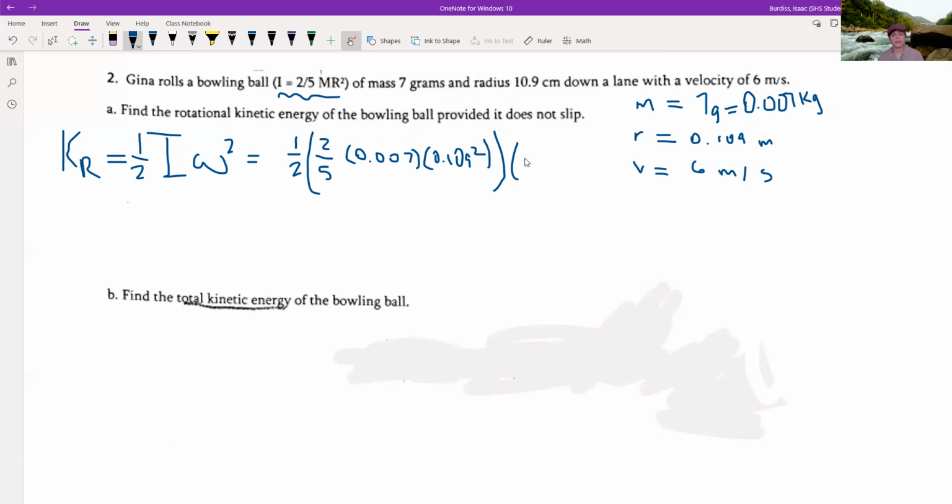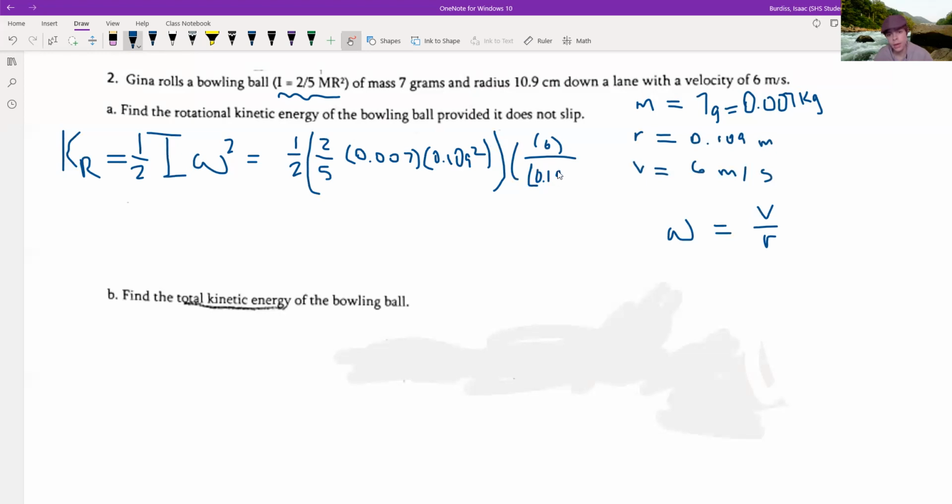So you have to do another equation within an equation. We know that angular velocity is linear velocity divided by radius. So we'll have to do 6 over the radius, and that has to be squared too. It takes so long to write on this thing, sorry.